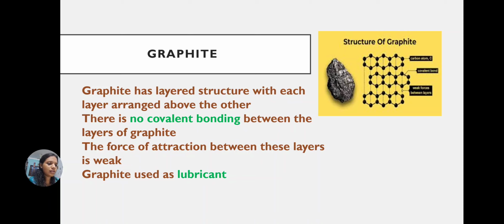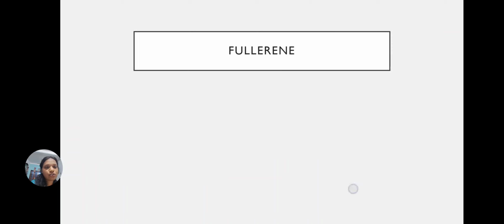And we move on to the next category. So up to this, we have discussed diamond and its properties, graphene, graphite, and now the last crystalline allotrope, fullerene. Fullerenes are some funny or interesting structures.